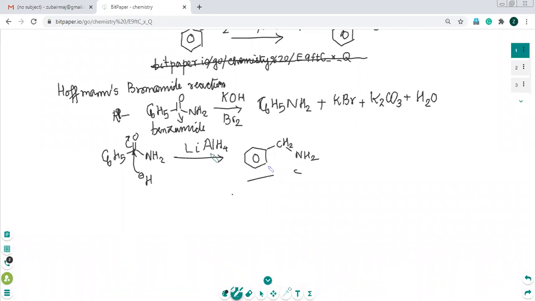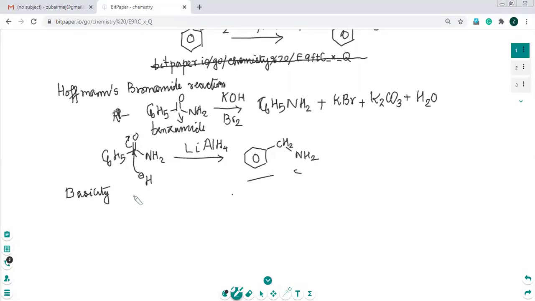Now let us look at the properties. The first property is basicity of amines.